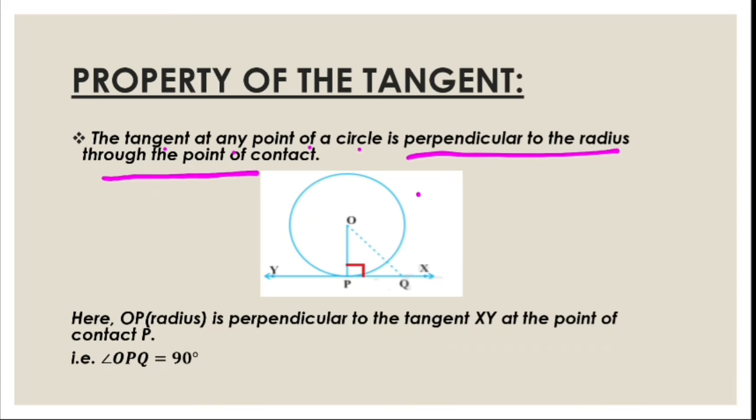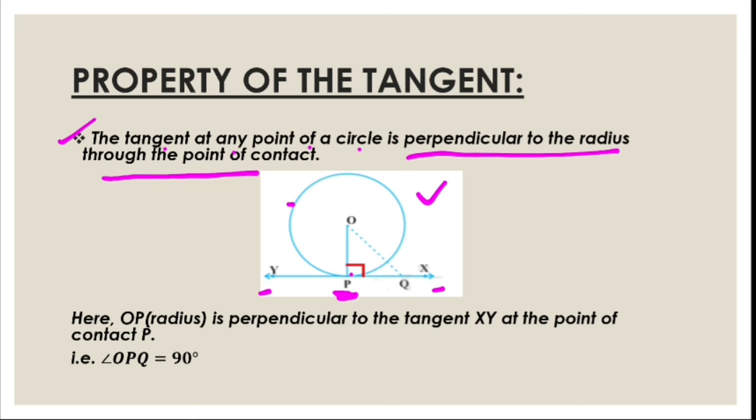Look at this figure. Okay, this is the circle, and consider this XY as a tangent which touches the circle at only one point, and that point is P. So from the previous slide you can say that P is the point of contact.